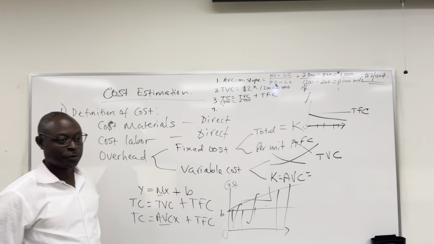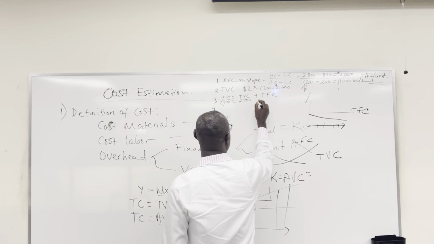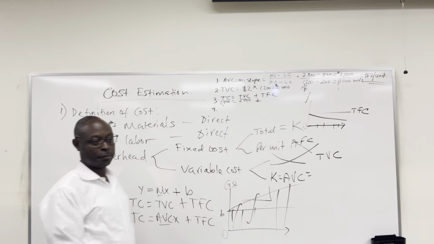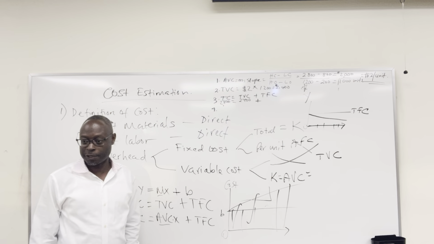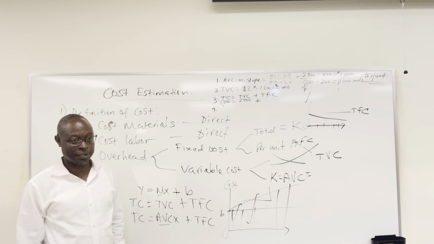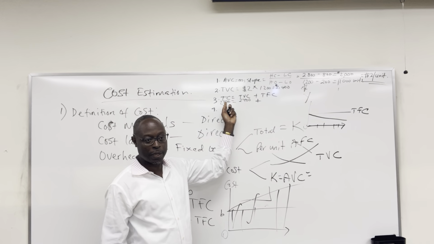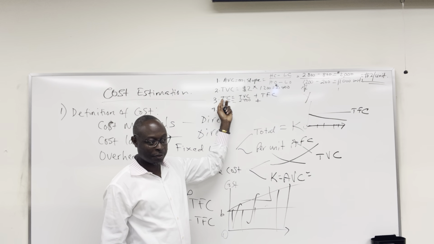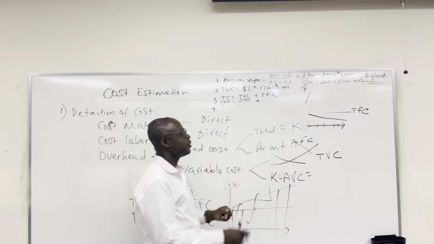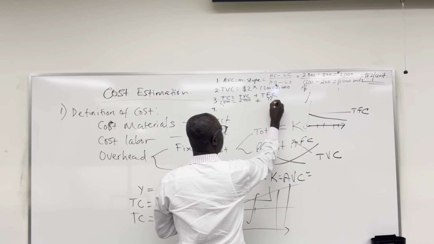So therefore, what is the total fixed cost? It's 400, right? Does that make sense? Because 400 is the only number you're going to add to 2,400 to get 2,800. Get it? So that must be what we are asking you to calculate.